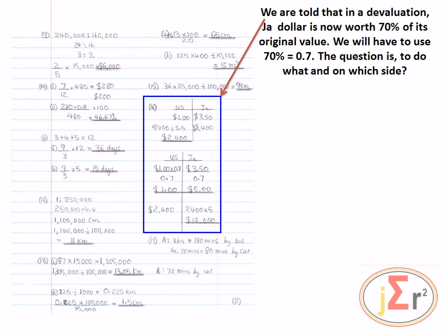We are told that after a devaluation the Jamaican currency was worth 70% of its original value. Then we need to calculate the new exchange rate, and we also need to do another calculation. And this problem is one of the most beautiful problems that you will ever find in CXC CSEC.